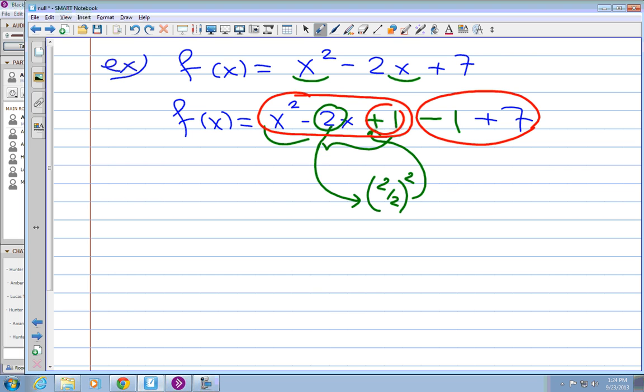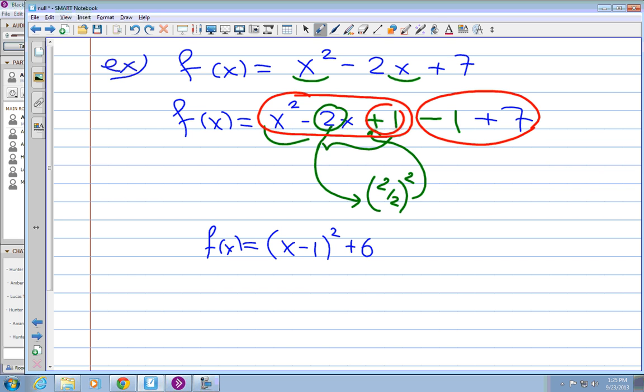So what that gives me, the first 3 terms turn into x minus 1 squared, while negative 1 plus 7 gives me plus 6. This is the same exact problem that we started with. If you open up the parentheses and combine like terms, you'll end up with x squared minus 2x plus 7.